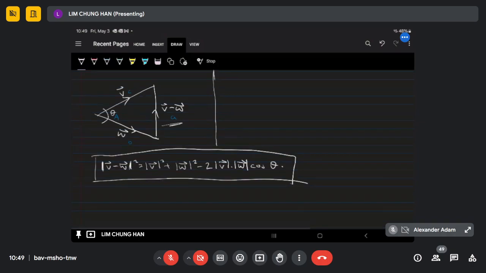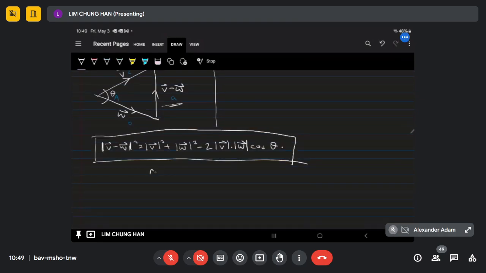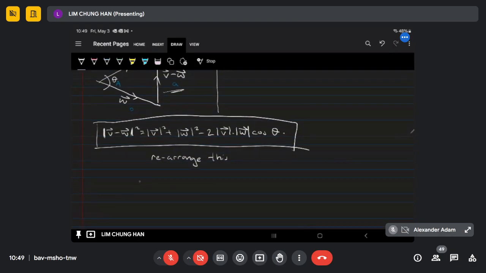You can eventually rearrange this to get cos theta equals V dot W divided by the product of the magnitudes.